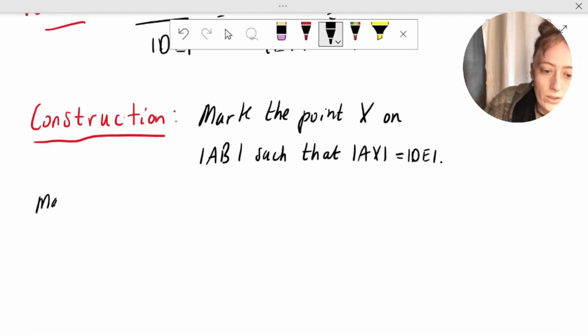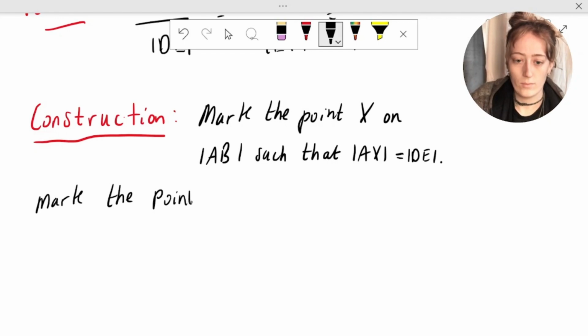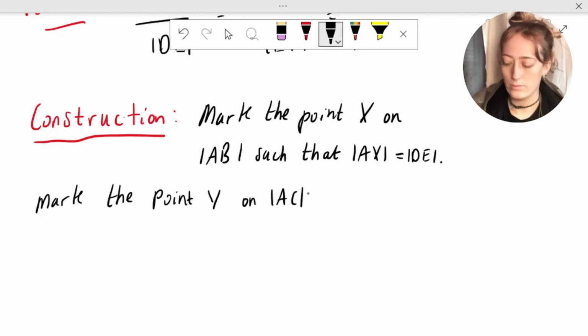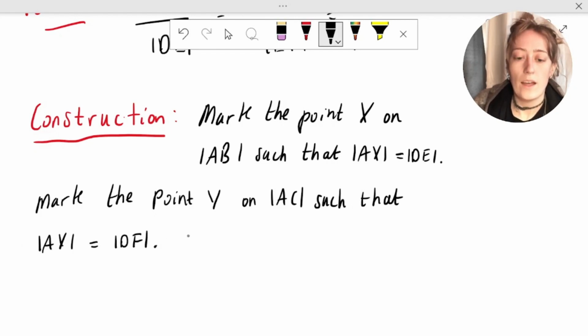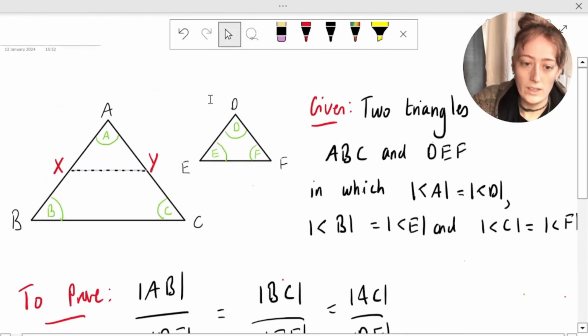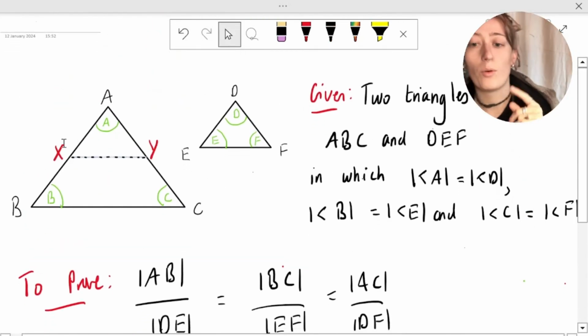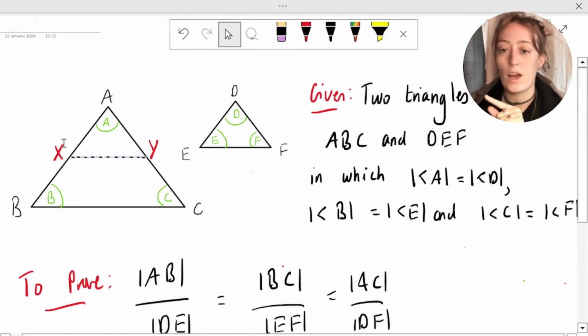We also then want to mark the point Y on AC such that AY is equal to DF. And the last thing is to join X and Y. Then join XY. Okay? So we're marking the point X such that AX equals DE, we're marking the point Y such that AY is equal to DF, and we're just joining those lines.